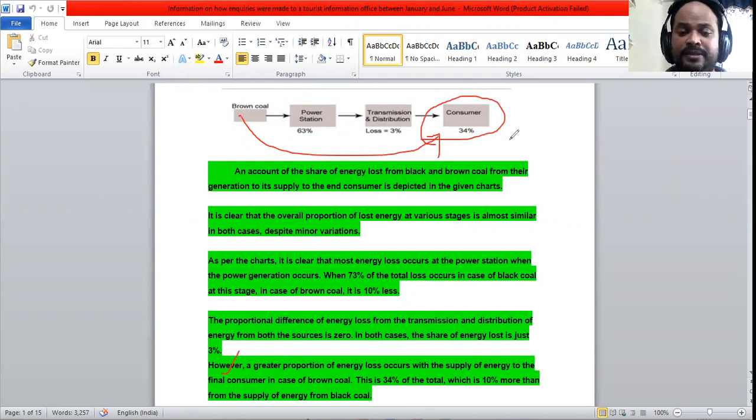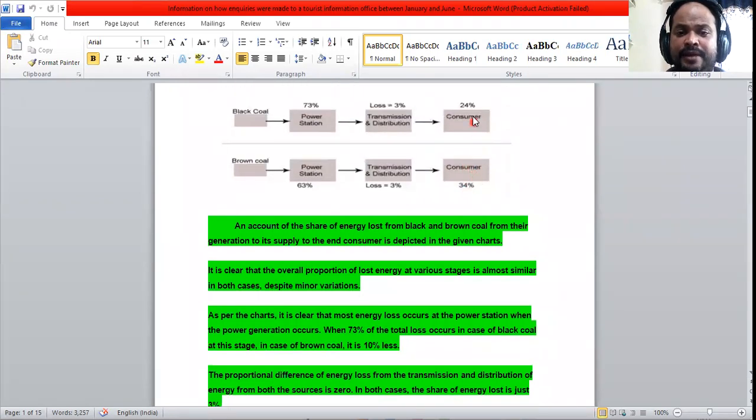Of the total loss of energy, it is 34%, which is 10% more than the supply of energy from black hole. It means this is 10% more. That's it.